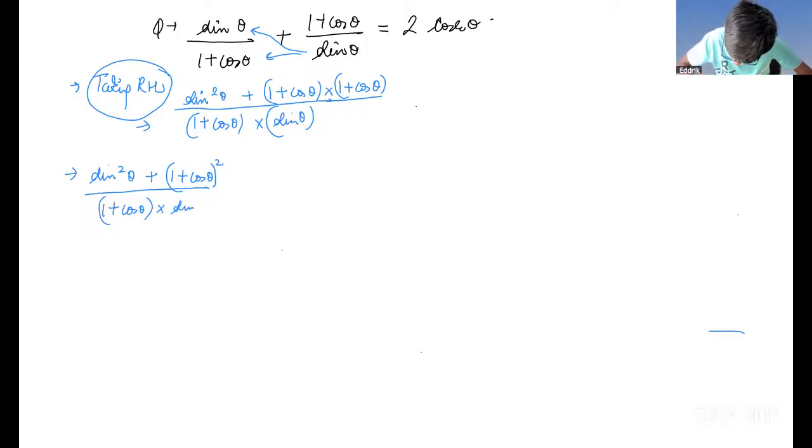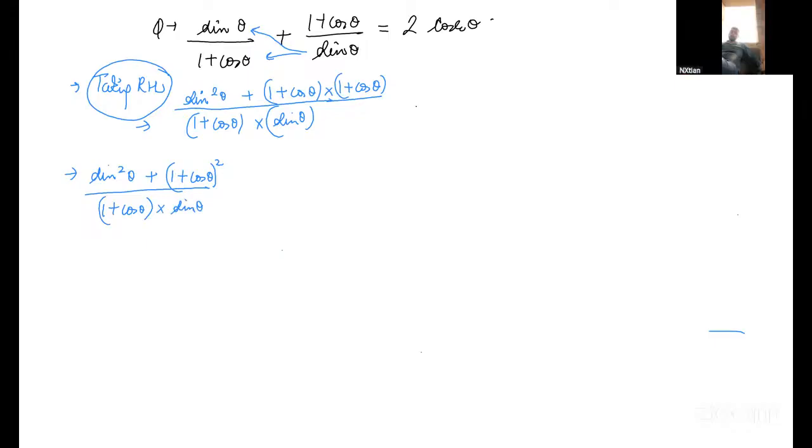Did you understand, Miraculin, what I did? It is in the form of a plus b into a plus b. So a plus b into a plus b is basically a plus b whole square.